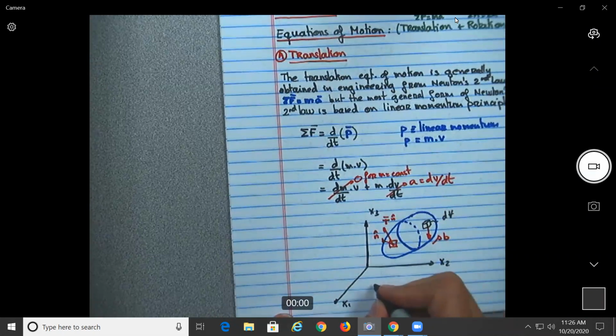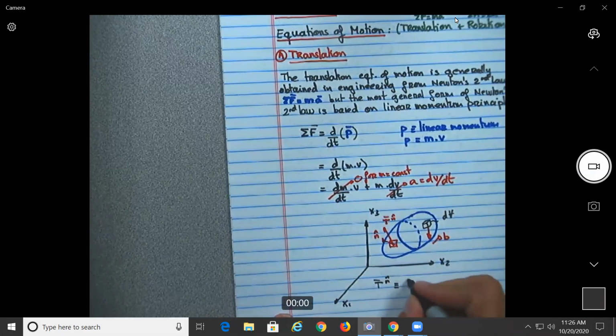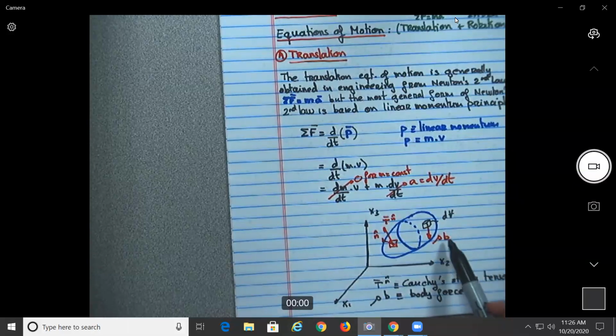So the T over here will be the Cauchy stress tensor, and the rho B will just be the body forces, okay? So B could be g, all right?